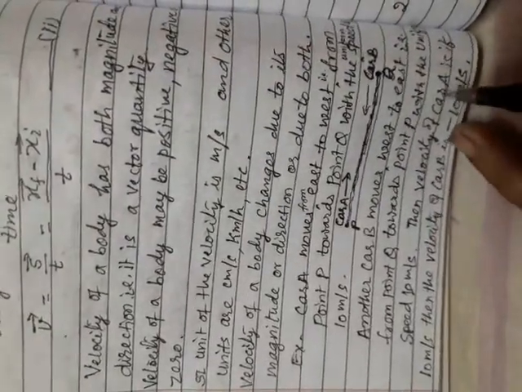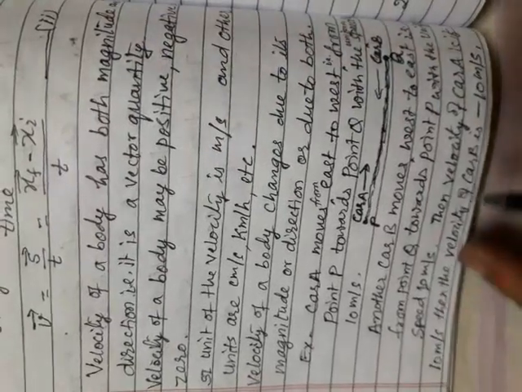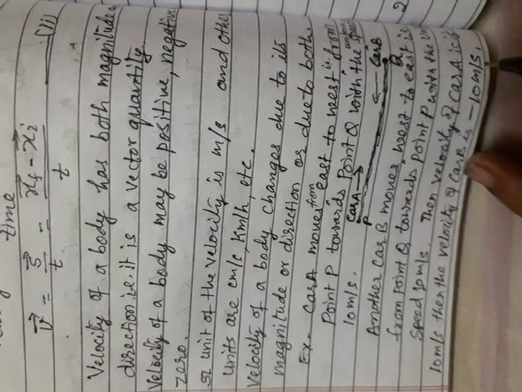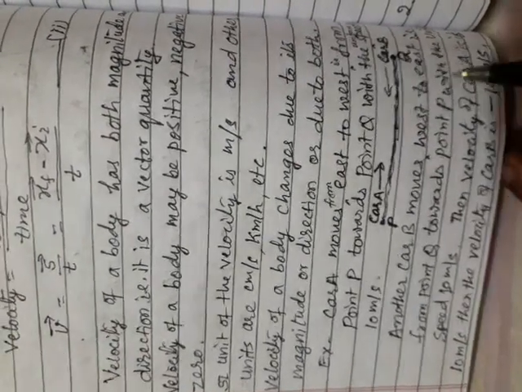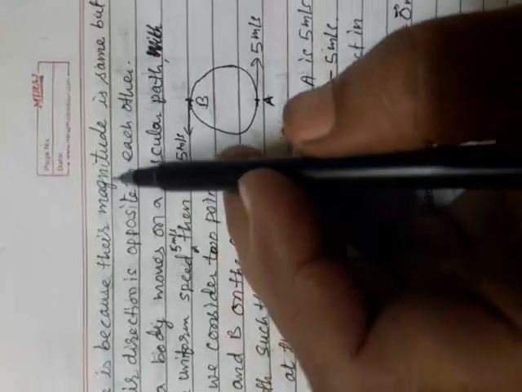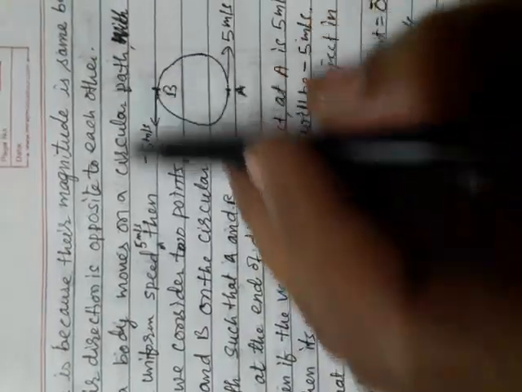The velocity of car A is 10 meter per second, then the velocity of car B is minus 10 meter per second. This is due to the change in direction, because their magnitude is the same but their direction is opposite to each other.